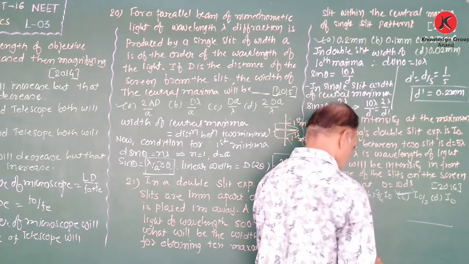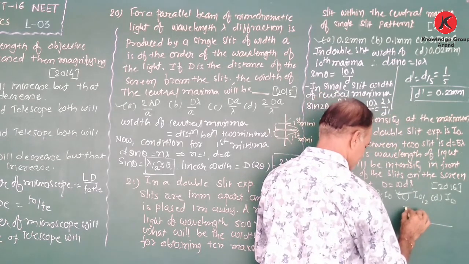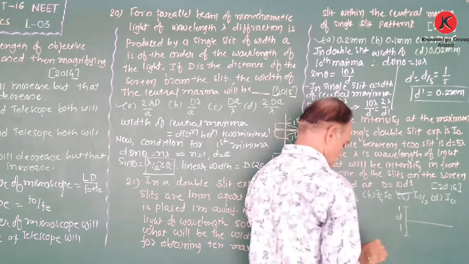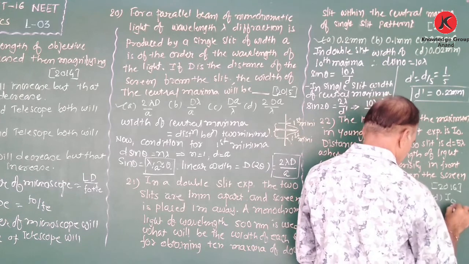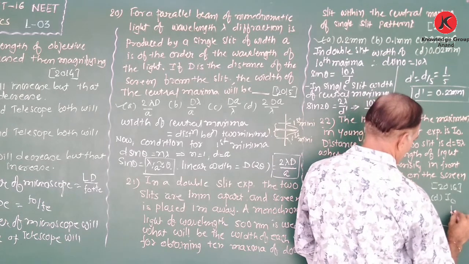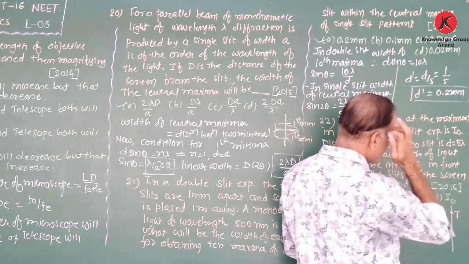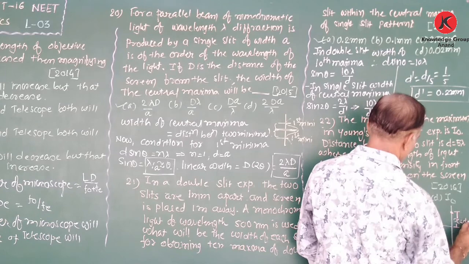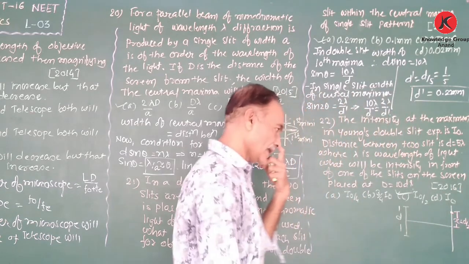Yeah, there the width of a slit is given. And on the screen, we obtain the maxima at x by 2 distance. That means this x distance is equal to d by 2.